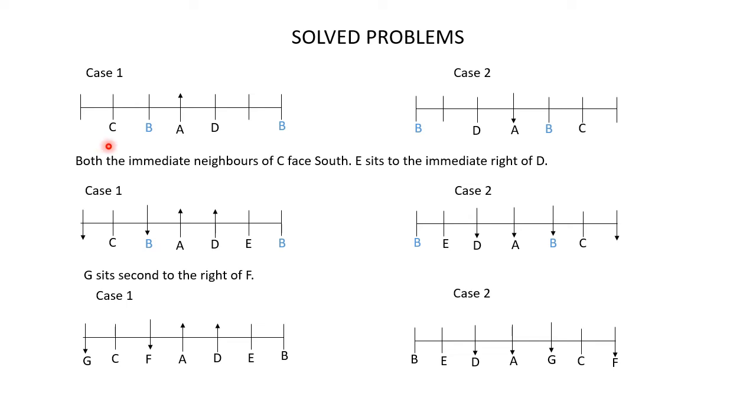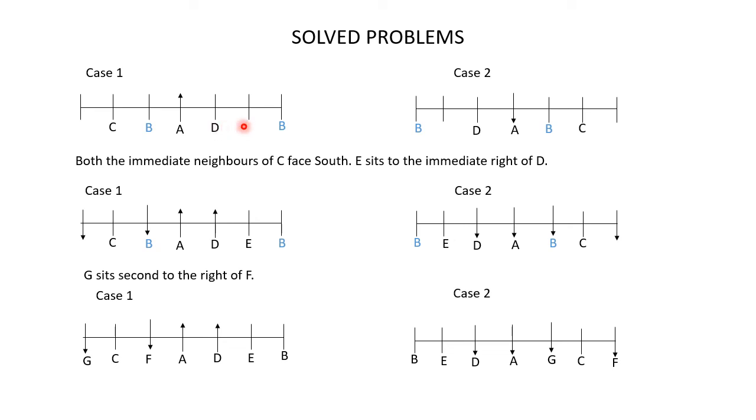So case 1 looks like this and case 2 looks like this now. It's given that both the immediate neighbors of C face south. So mark both the immediate neighbors of C facing south in case 1, and in case 2 also. It's given that E sits to the immediate right of D. So E can sit to the immediate right of D only if D faces north.